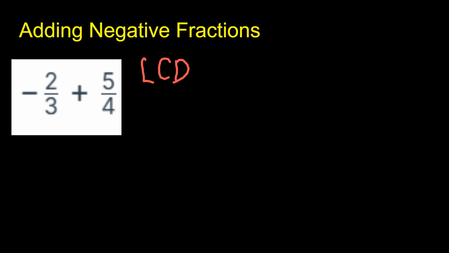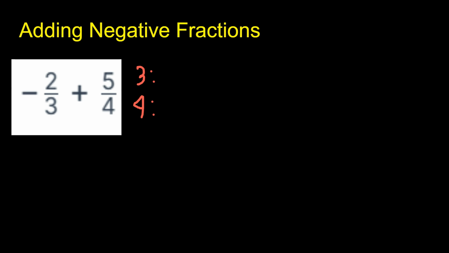The first thing that we need to do is to list the multiples of 3 and 4 to get the LCD. This is just a review of what we already know in listing multiples.